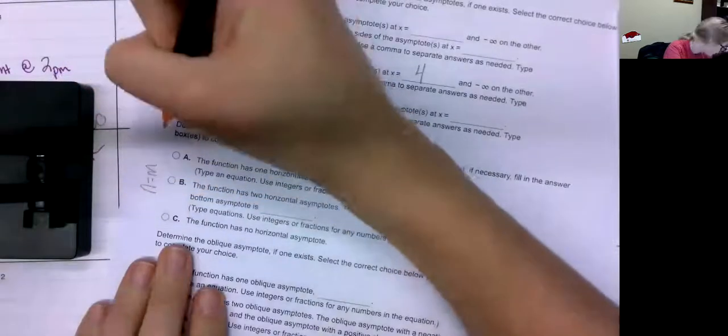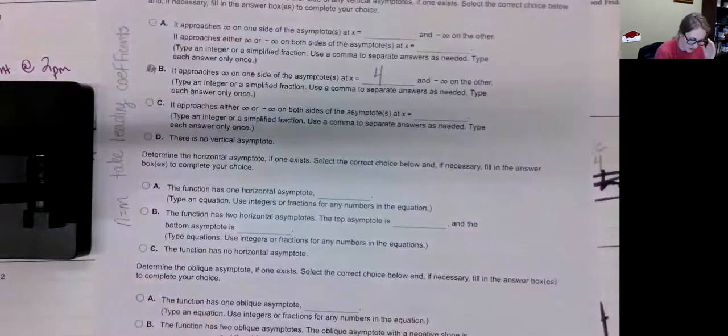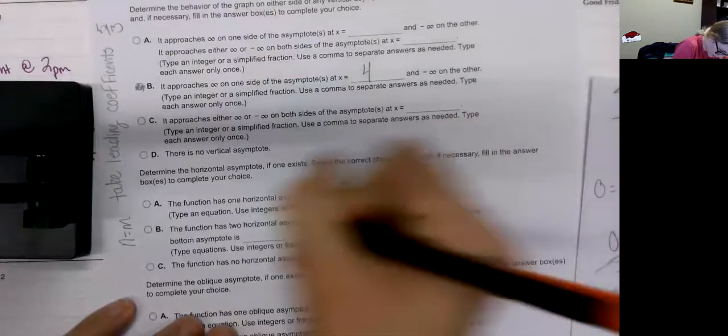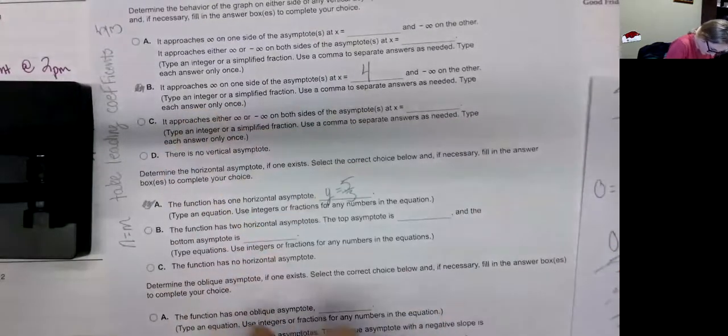When we have n equals m, we take the leading coefficients. So on our equation, we'd have 5x and 3x. So our leading coefficients would be 5/3. So it's horizontal. That means there's no oblique.